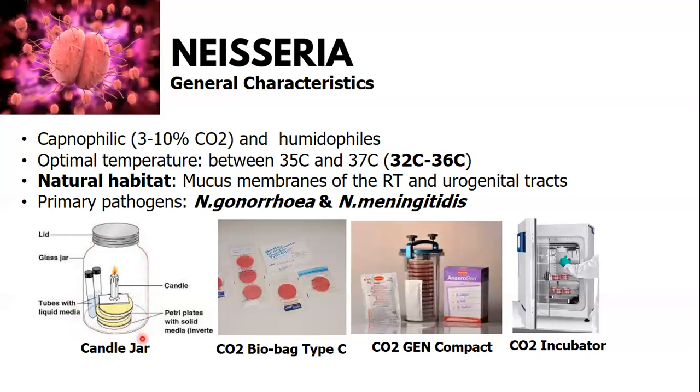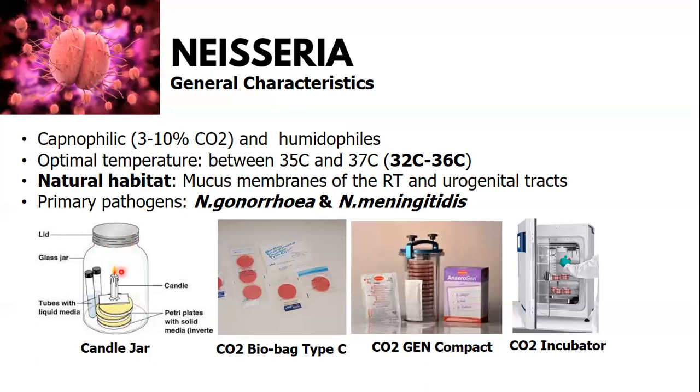So in this setup, after culture plates or culture tubes are placed in the jar, a candle is lit. And once the cover of the jar is placed, it displaces oxygen and it would extinguish the flame.